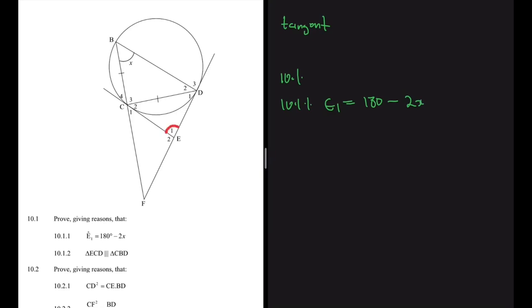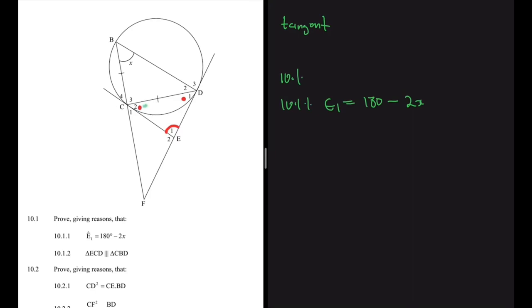Here's E1, right? And E1 is in triangle ECD. In triangle ECD, we have angle C2 and angle D1. There's nothing else we can do. We have to look at the tangent and consequently the tan chord theorem, because that's the only keyword we have.